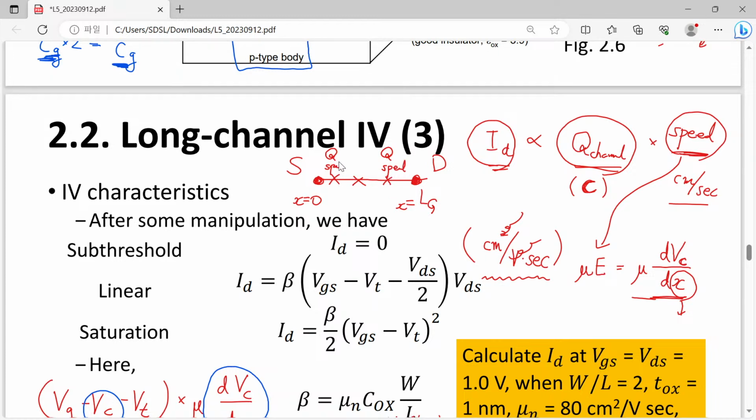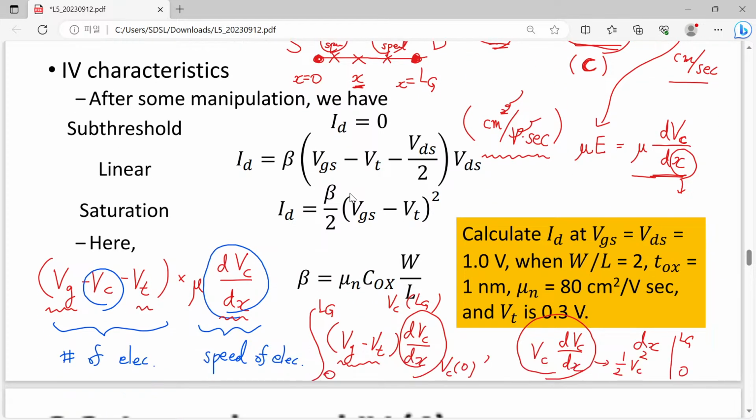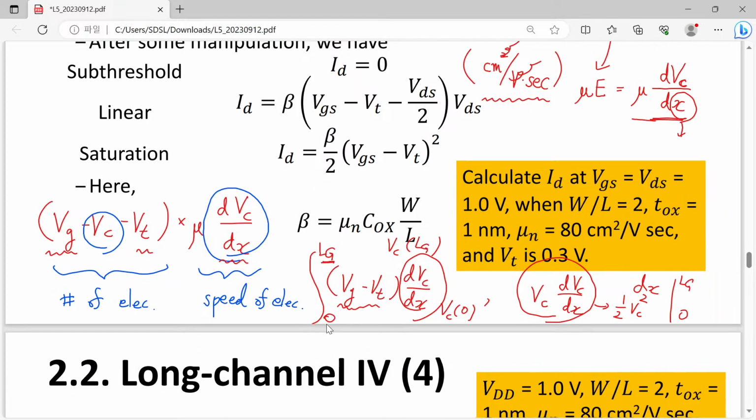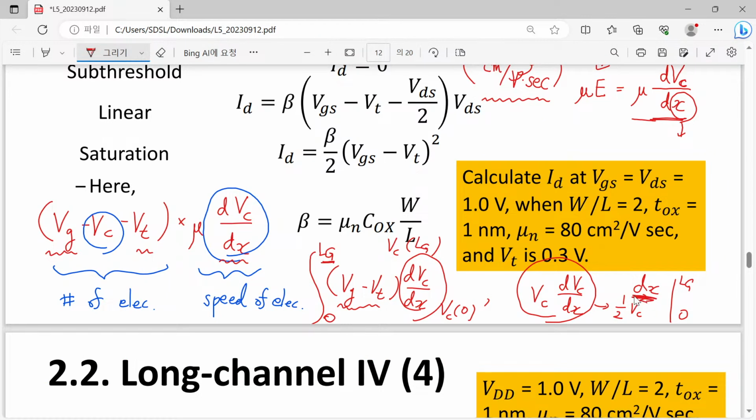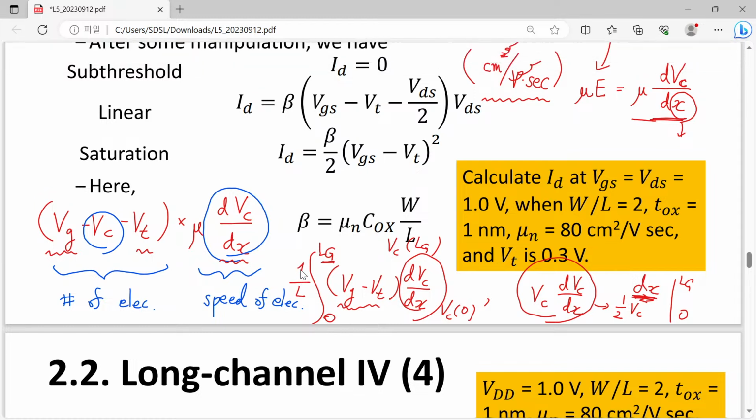But anyway, the product between them gives us the current, and this current component should be identical regardless of the value of x required for our calculation. So that's the reason why I wanted to make the integration over the x-axis and divide it by L. So we just take the average over a constant value.